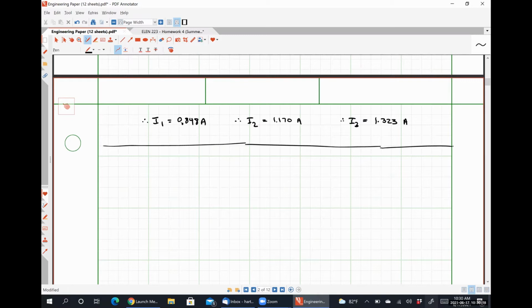So let me redraw my circuit. I'm going to call on you guys to help me write my equations. Here's my 8-volt source. Here's my 14 ohm resistor. Here is my 12 ohm resistor.